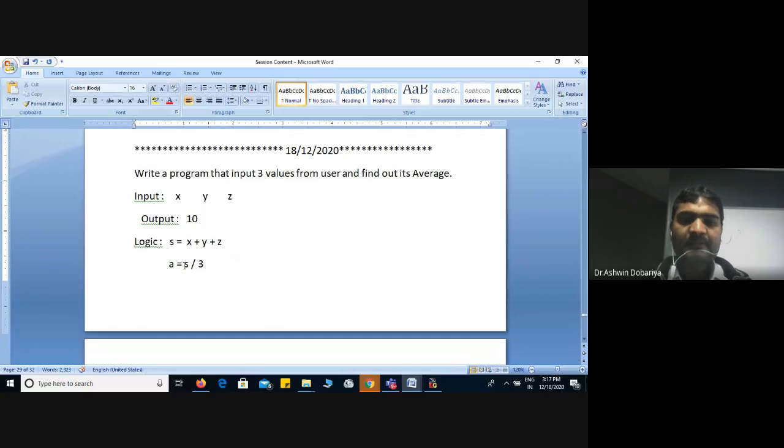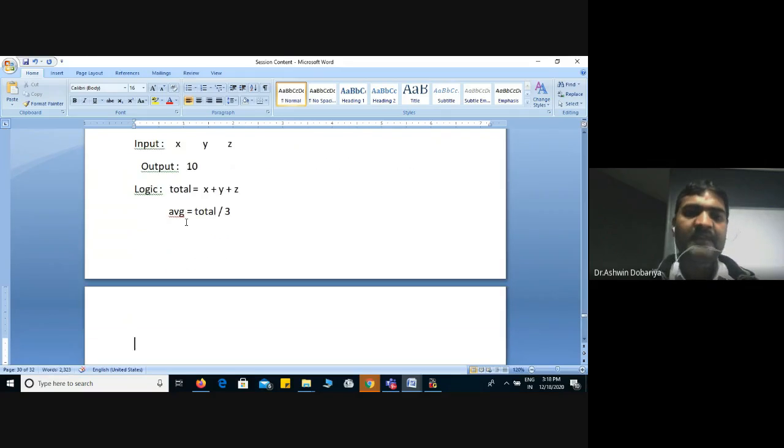Then how can I find the average? Sum, or you can say total. Total, I think, is a better word. So total divided by 3 will give the average. Here we can write average, and average is my final output.